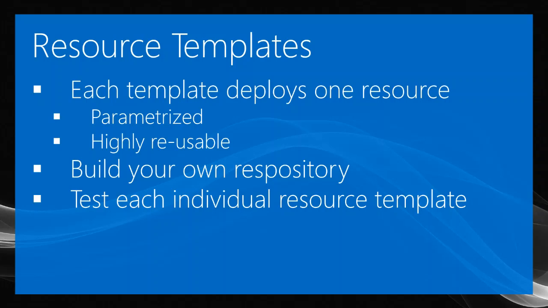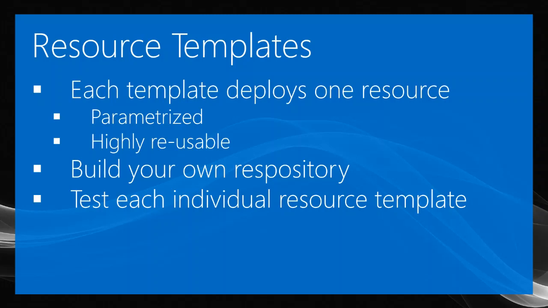They are, because of that, of course, totally parameterized. And over time, if I start building up my linked ARM templates approach, my resource templates repository will grow over time, and I will become much faster in the future when I just reuse my existing resource templates.